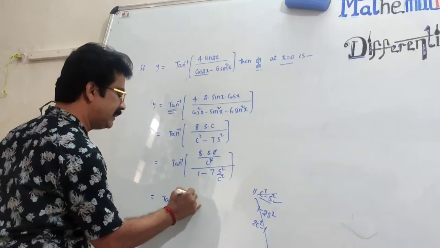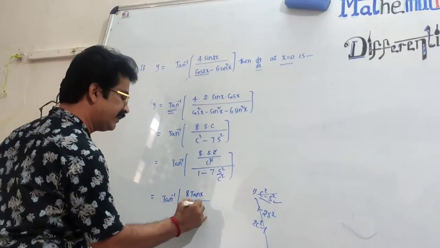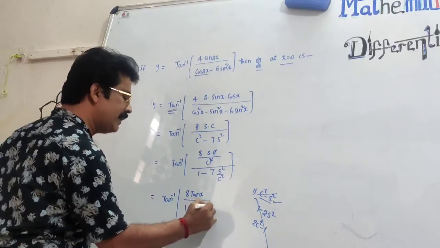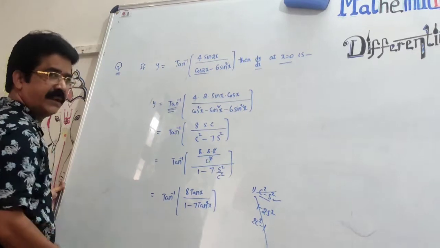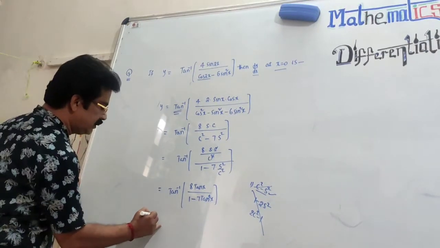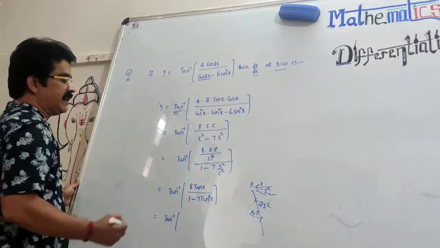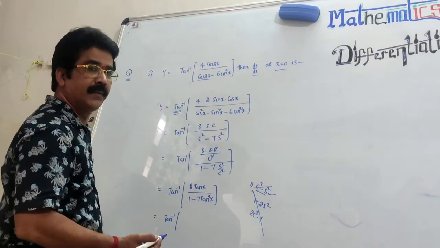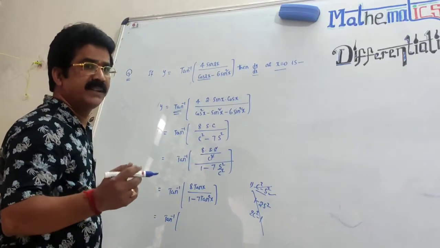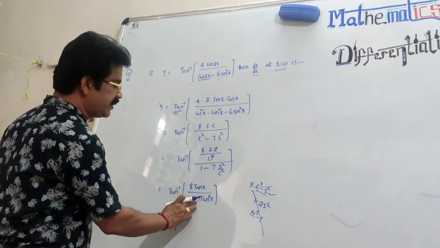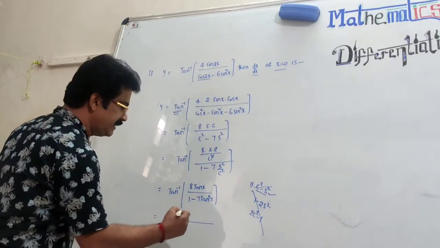So 8 tan x divided by 1 minus 7 tan square x. Okay, so 1 minus something is there, means we have to get the form tan of a plus b, because tan of a plus b is equal to tan a plus tan b by 1 minus tan a tan b. So I am trying to write in that form.